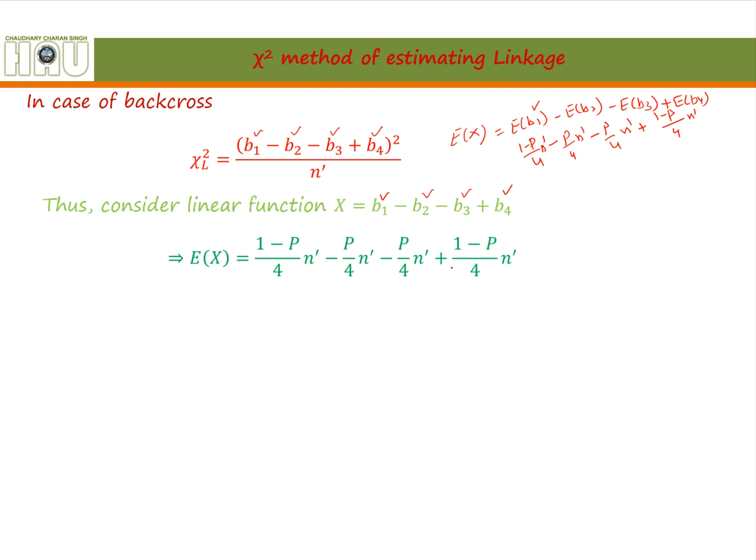If you simplify it, then if I take n dash by 4 common, what will I be left with? 1 minus p, minus p, minus p, plus 1 minus p, right?